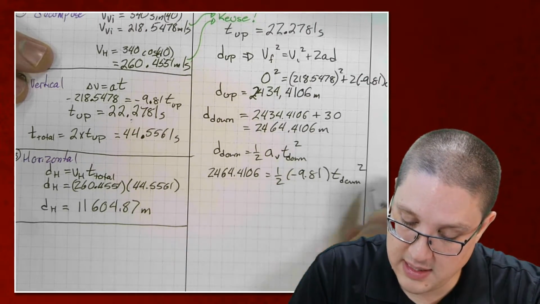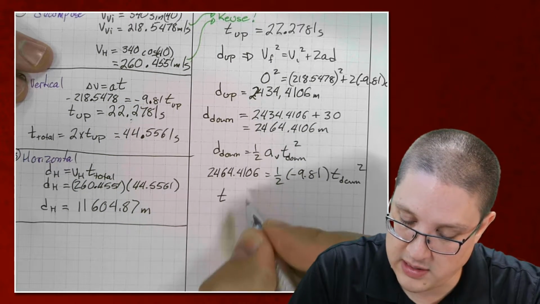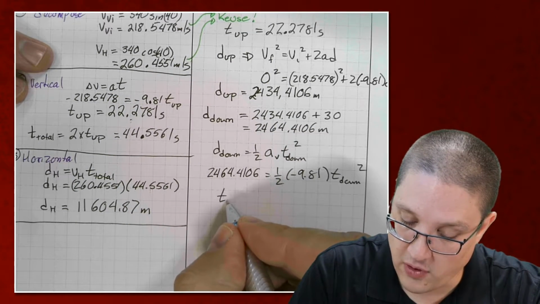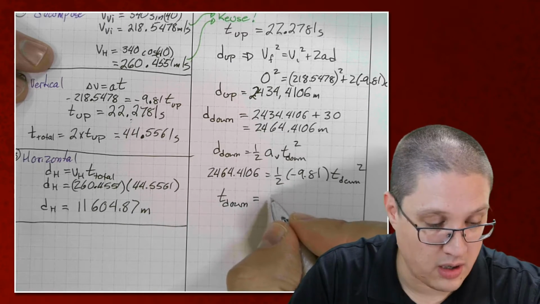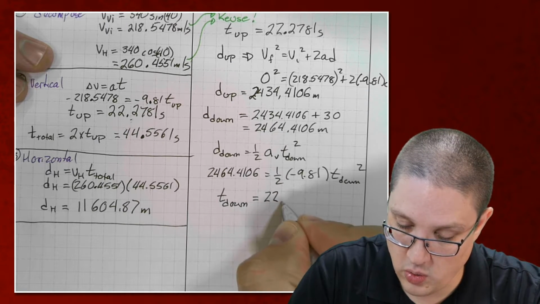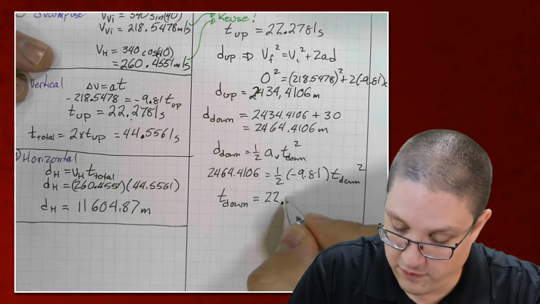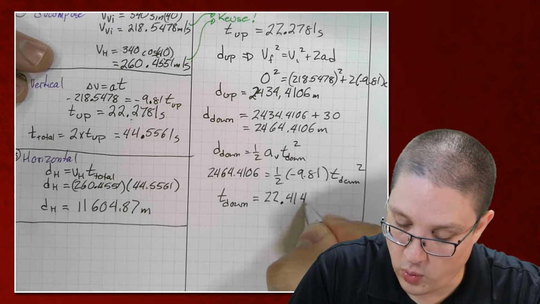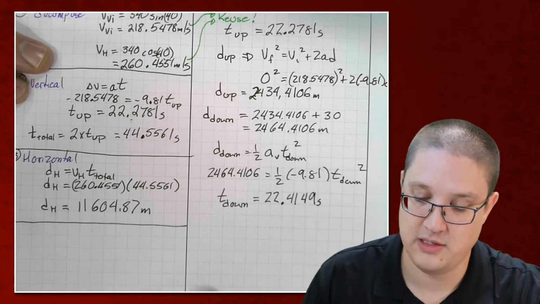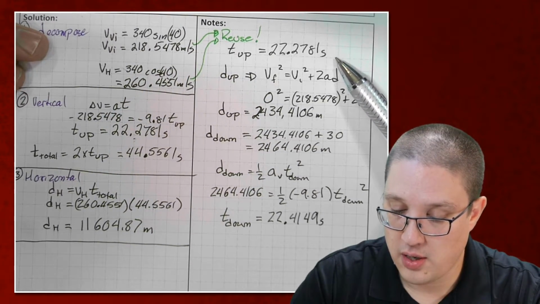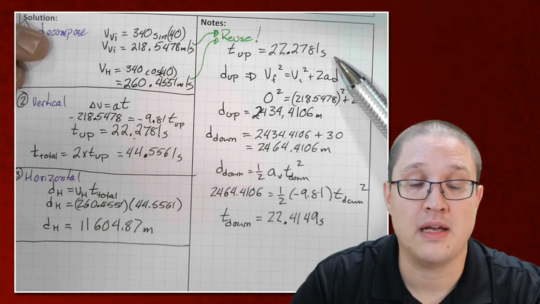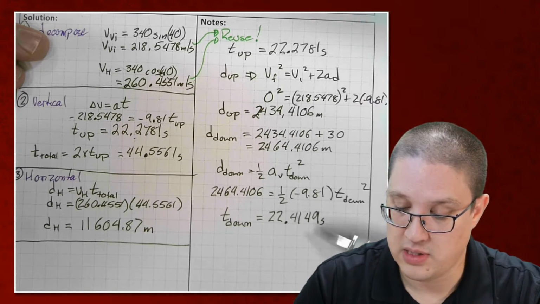So solving this out, my time it takes to fall down from the top of the arc works out to 22.4149 seconds, which is close, but not the same as the time it takes to go up. Notice these are not the same.